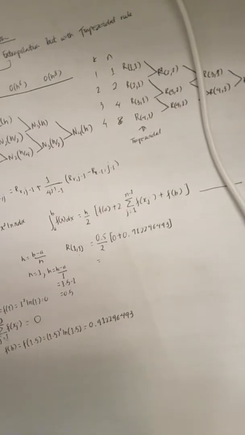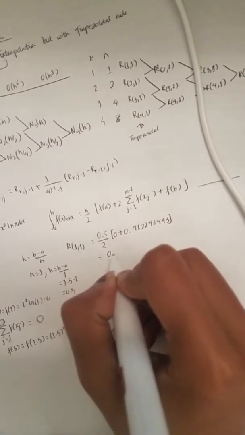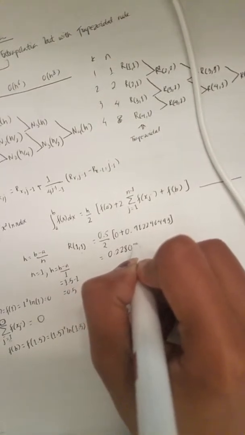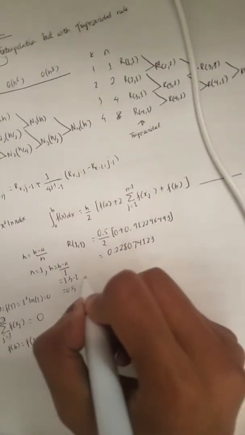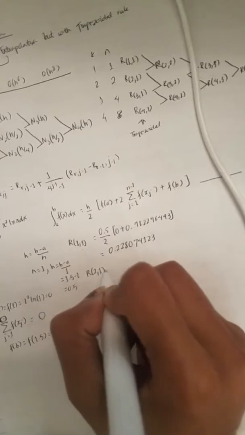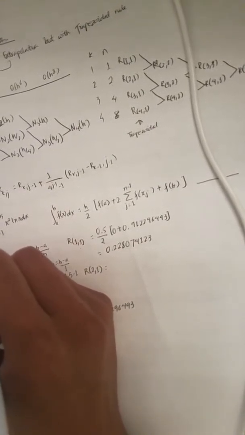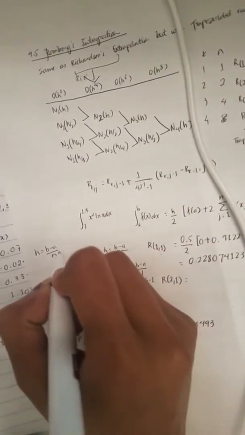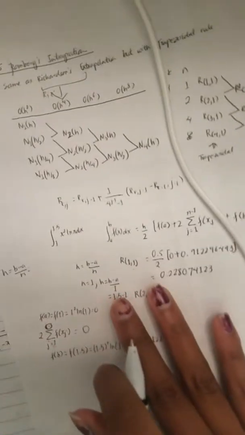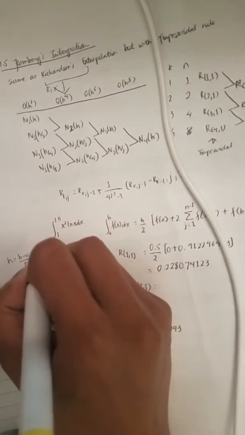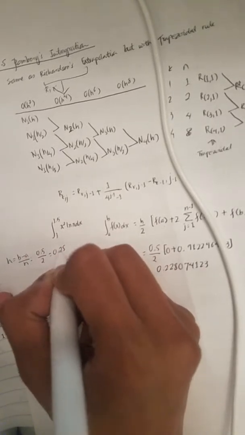So if you solve this, you will get 0.228074123. So that's my R11. Similarly for R21, whole new thing again. h equals (b minus a) over n, but n now is 2, so 0.5 over 2, which is 0.25.